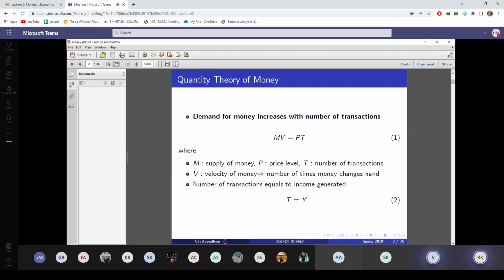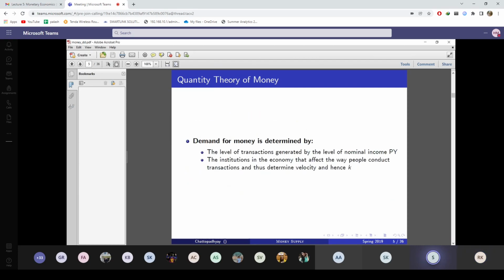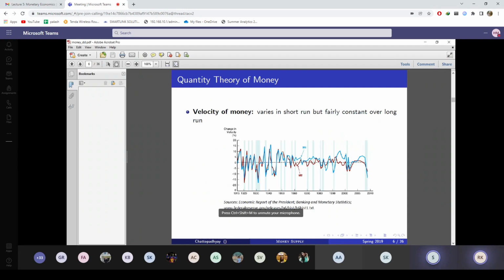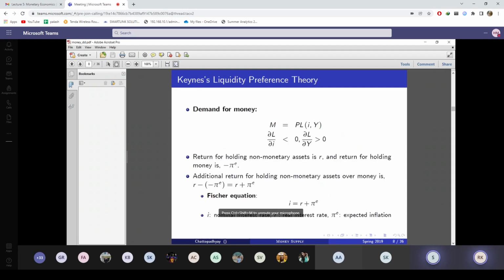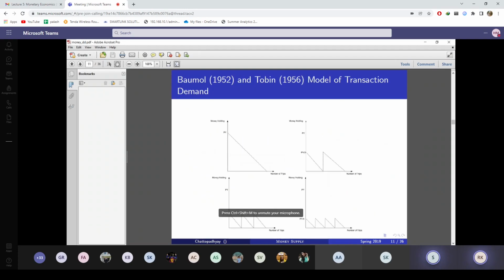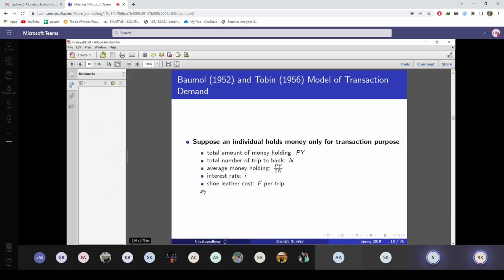We will start with the quantity theory of money, then go to the liquidity preference theory of Keynes, and then our objective will be to go into more detail about the transaction demand for money, the very first micro foundation of transaction demand, that is, why it depends positively on Y.